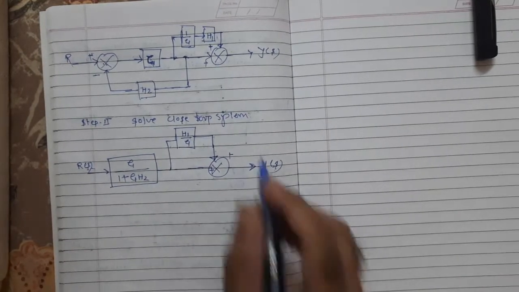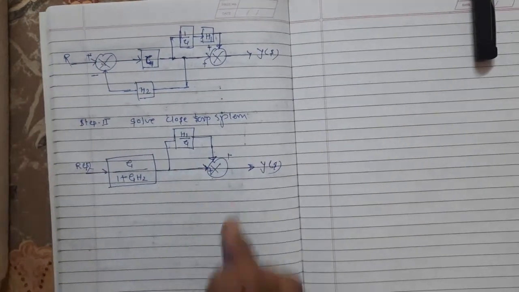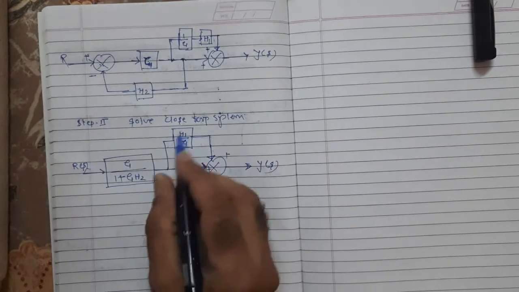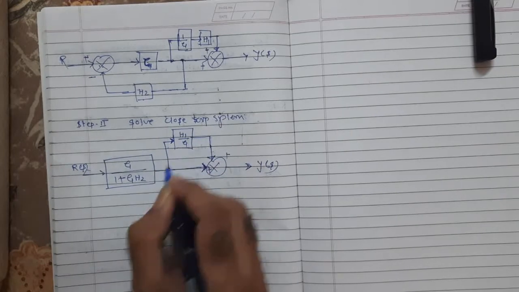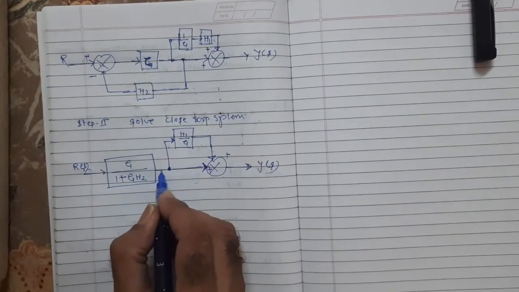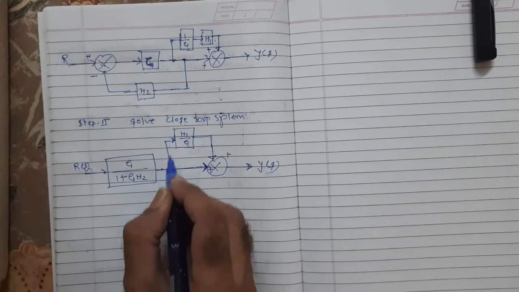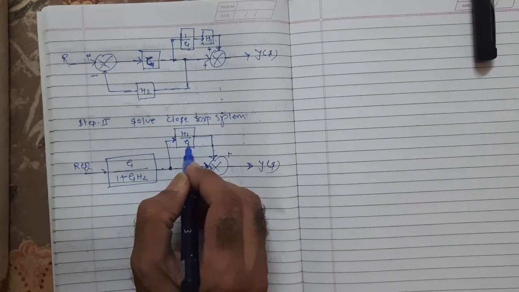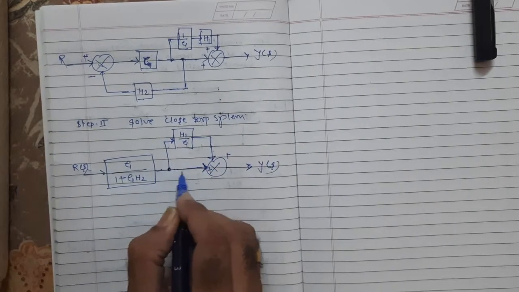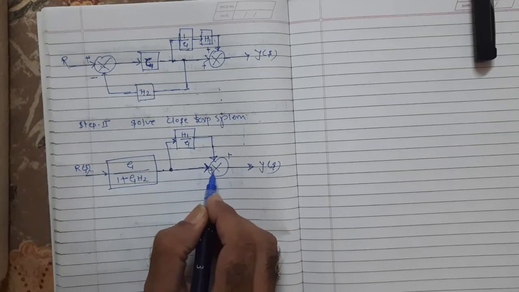Now see here, in this case, from these points, the block, let's say the output here is x, that is the input to the H1 divided by G, and the same output is again connected over here.